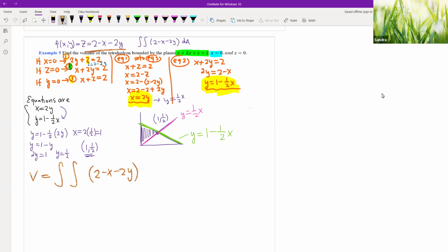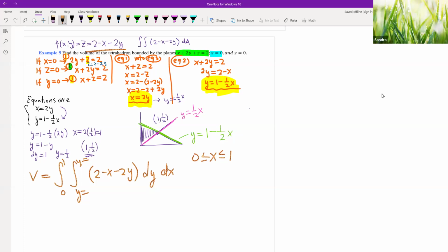It's a selection that you yourself will have to make on your own. So I'm going to do the y first, and so this will be y equals, then dx, and x is between 0 and 1.